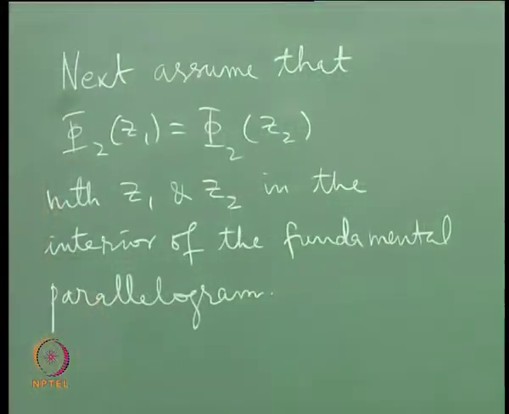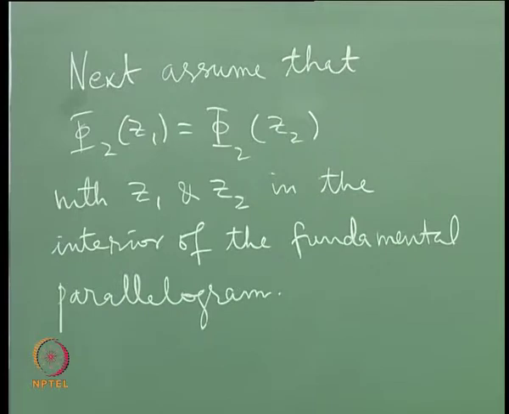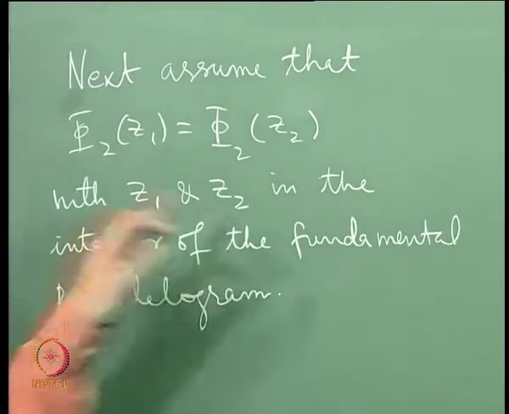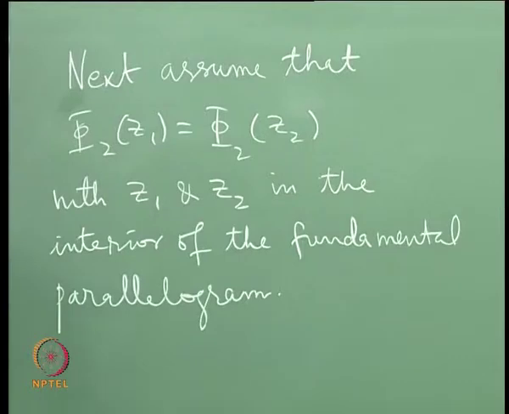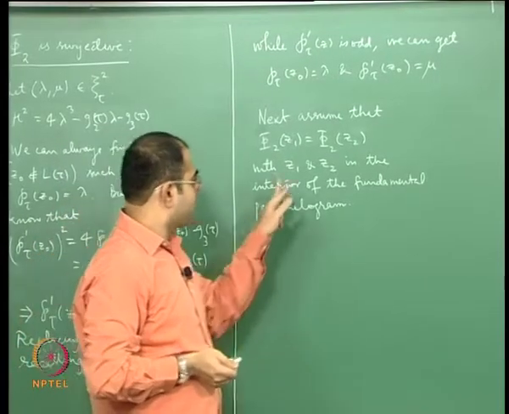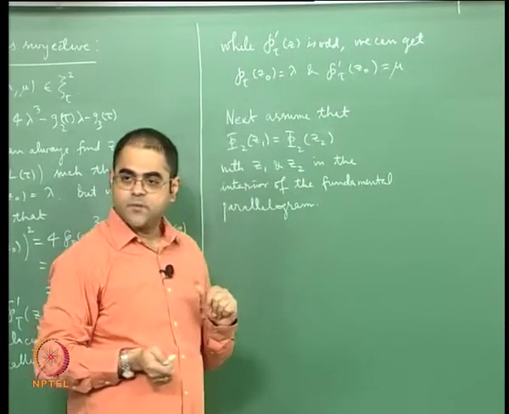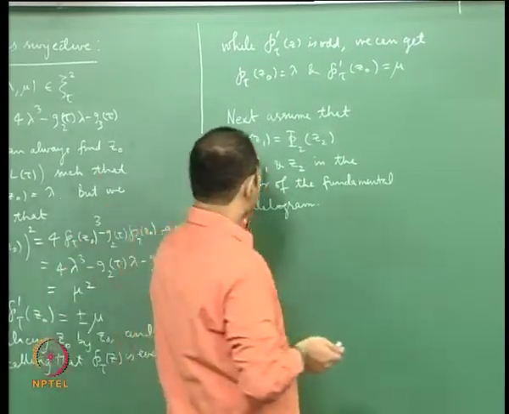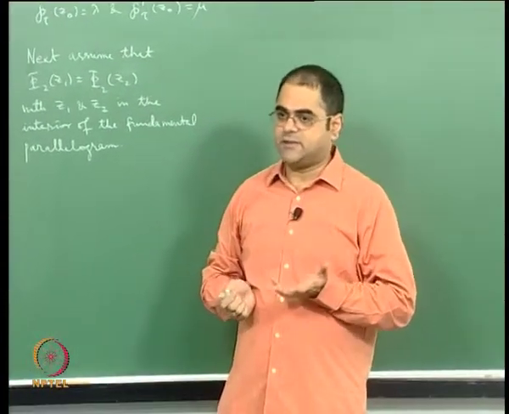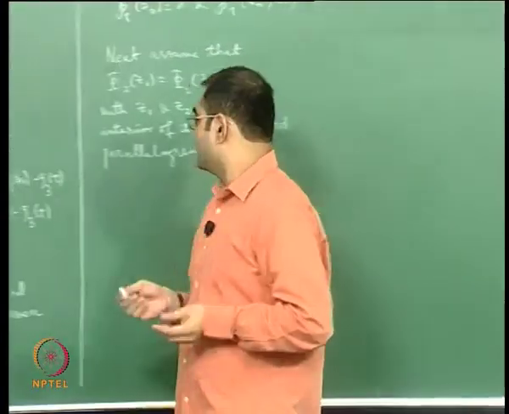The fundamental parallelogram is the one formed with vertices 0, 1, 1 plus tau and tau. Okay, so assume that these two are in the interior of the fundamental parallelogram. Then we will have to show that Z1 is equal to Z2. In other words, phi2 when you restrict it to the interior of the fundamental parallelogram is actually injective.